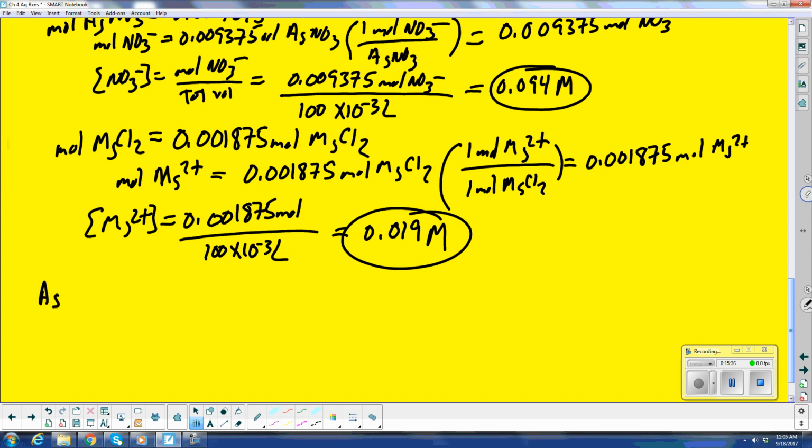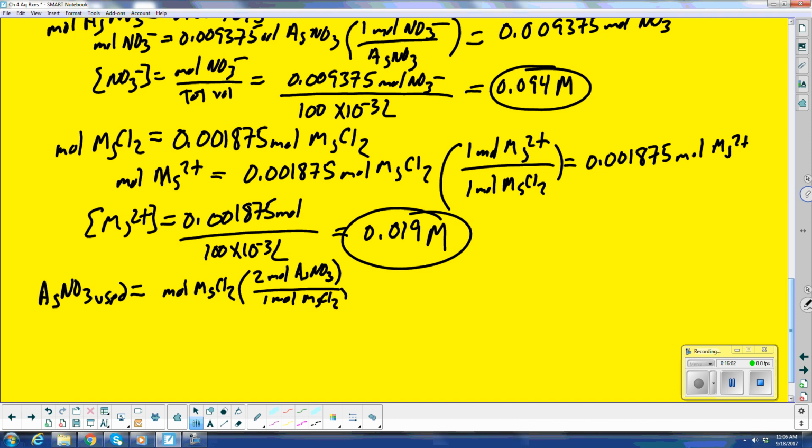I need to calculate the amount of silver nitrate used in my reaction based on my limiting reagents. So I'm going to take my moles of magnesium chloride times the mole ratio of 2 moles of silver nitrate per 1 mole of magnesium chloride.